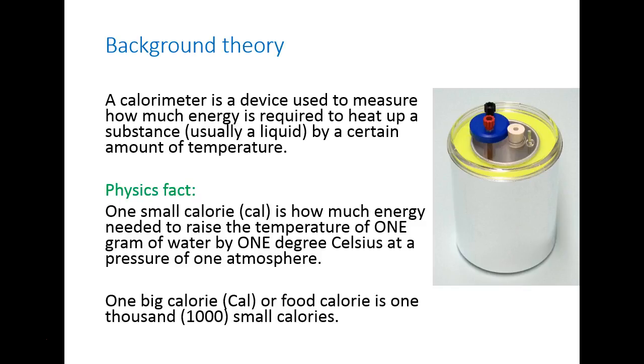So, to put that into perspective, if you've got a bar of chocolate and it says that there are 47 big calories inside it, that means that you've got enough energy to heat up 1 gram of water by 47,000 degrees Celsius. Yes, that is a lot of energy.